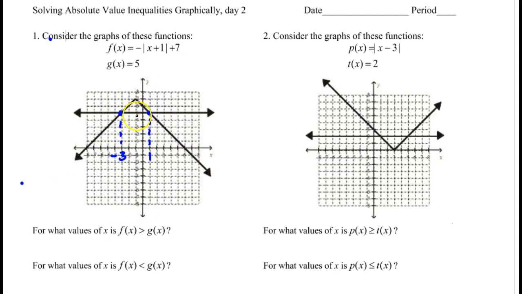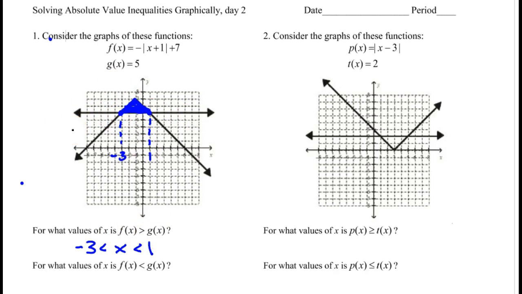So it's basically asking, when is this V above the horizontal line? Greater than, that's what greater than means, above. So it'd be all of this right in here. Everything between all these x values right in here are all going to be above the horizontal line. So that's everything from -3 to +1, and everything in between. That's what's going to be above the horizontal line.